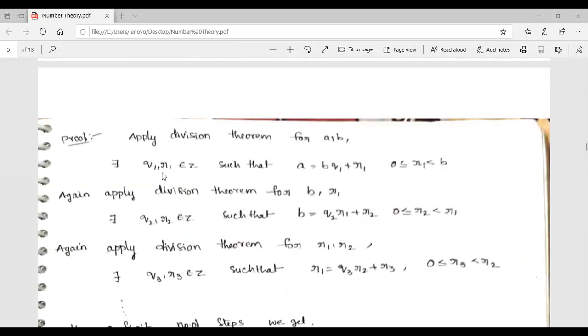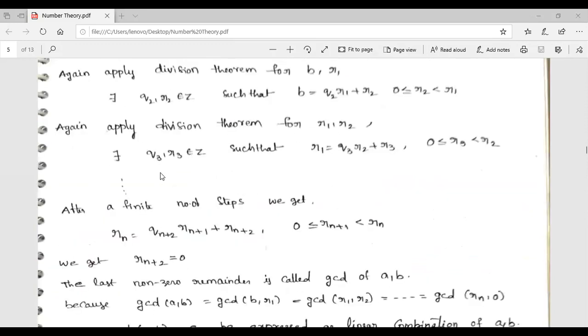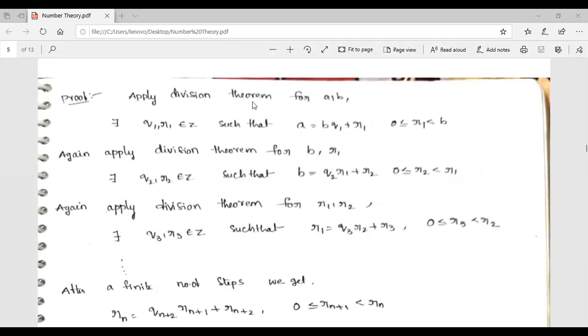Okay. So, the proof of the Euclidean algorithm. Apply the division theorem for a, b. What is the division theorem? There exist integers q1, r1 belonging to Z such that a is equal to b q1 plus r1, where 0 is less than or equal to r1 less than b.